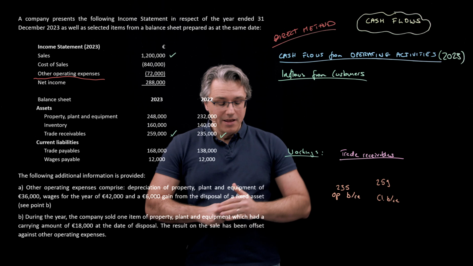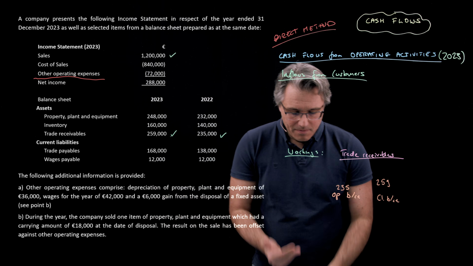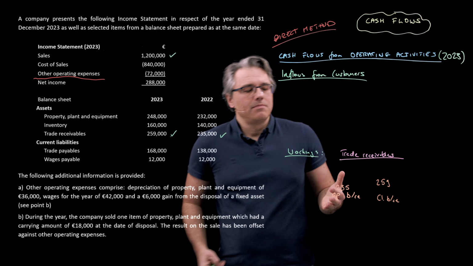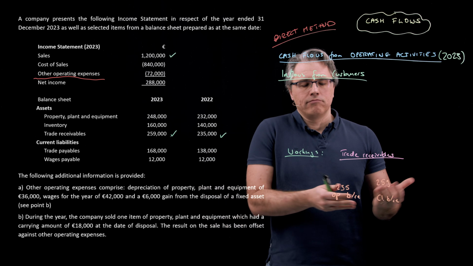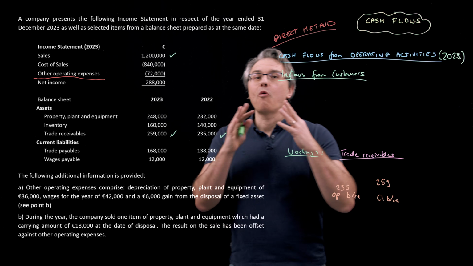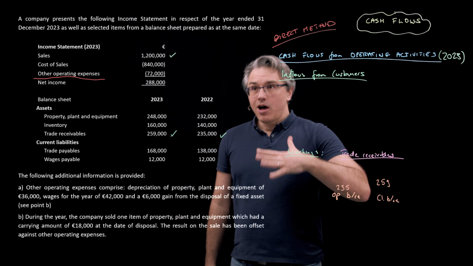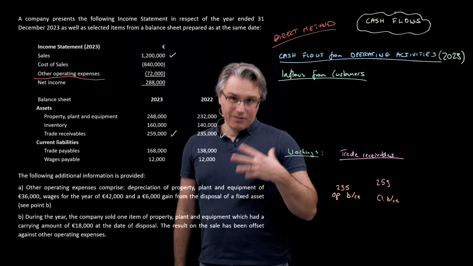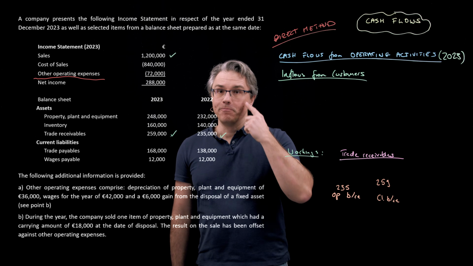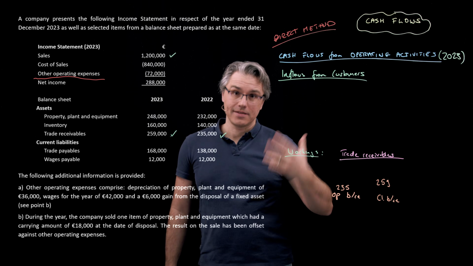So there's growth. Now, there is an increase, but it would be too simplistic to say, well, it went up. Why did it go up? Well, trade receivables go up and down as a result of certain specific activities or transactions happening.